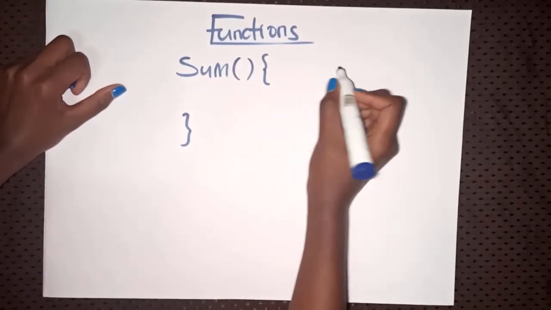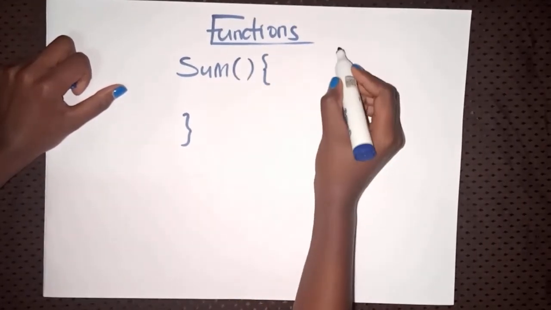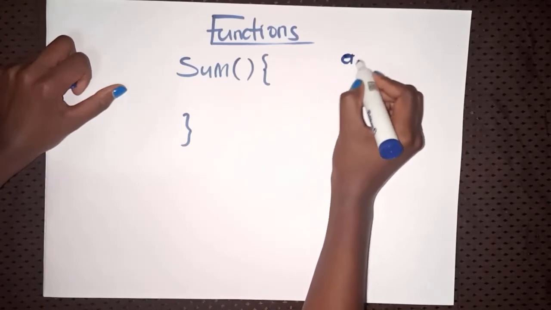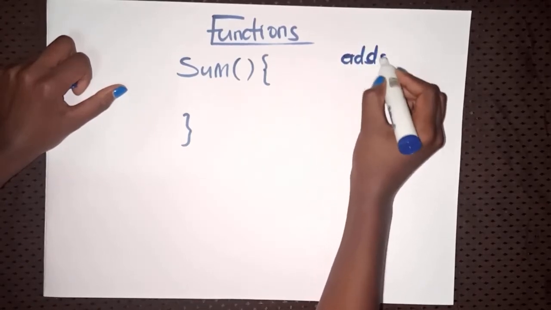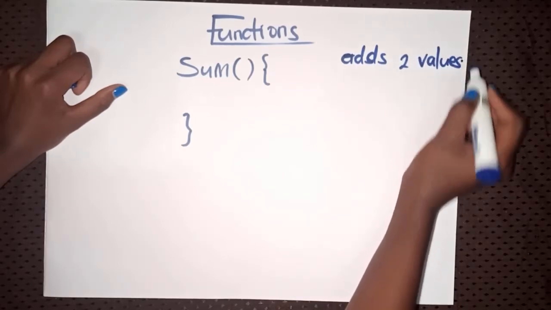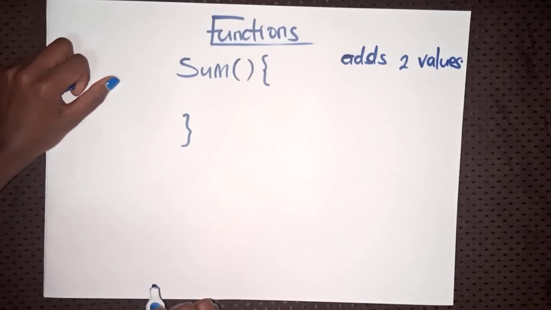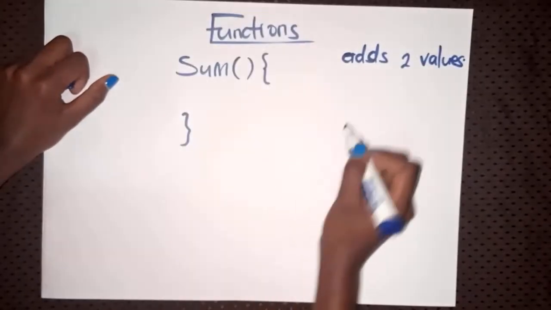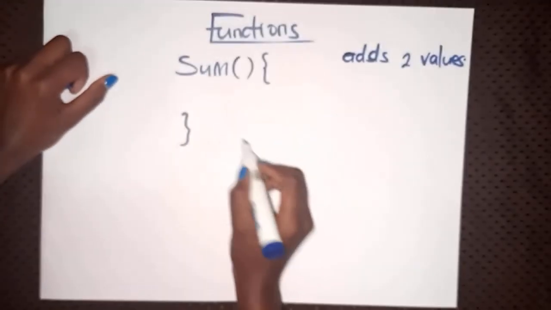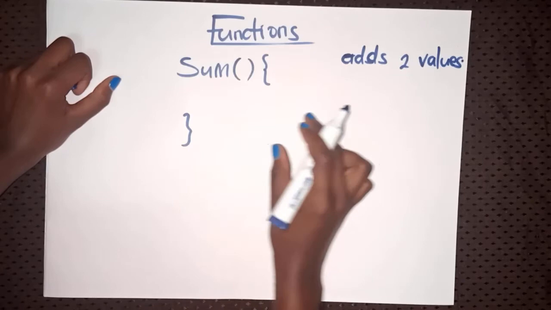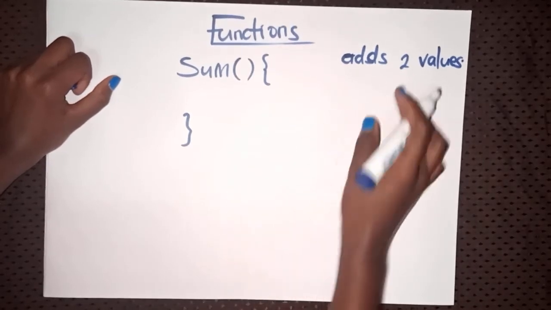So when we have sum and it's a function, we know sum adds two or more values. I'll just use two values. This sum function, we want it to add two values and output the sum.